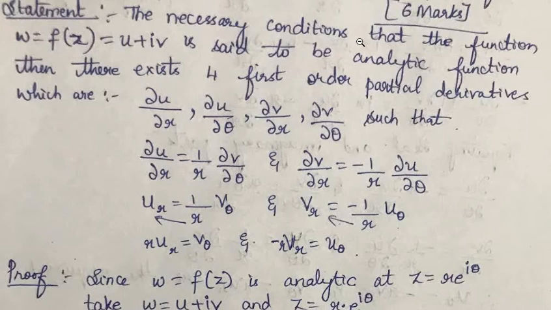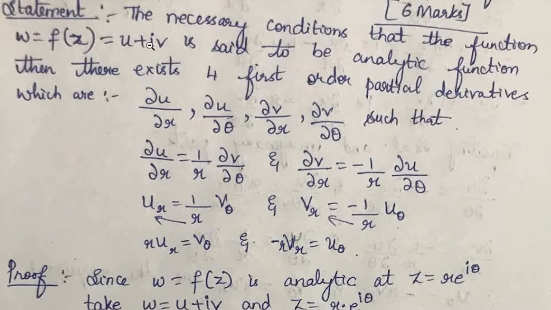The necessary conditions that the function w equal to f of z equal to u plus iv is said to be an analytic function. For a function to be analytic, what function are we taking? Firstly we take one variable w. As we are taking it as a function, let us call it f of z.